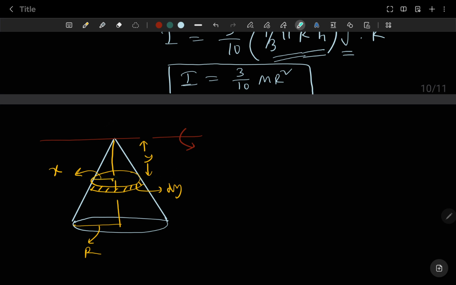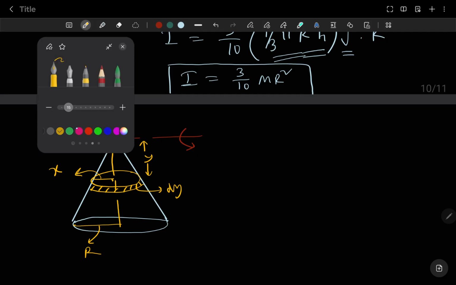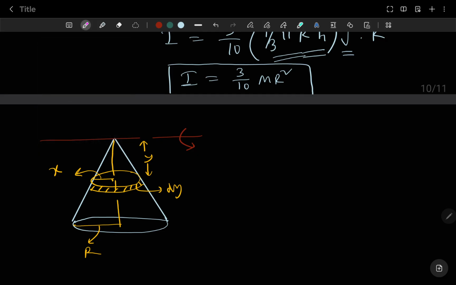So dI will be one by 4 dm x square plus dm into y square.